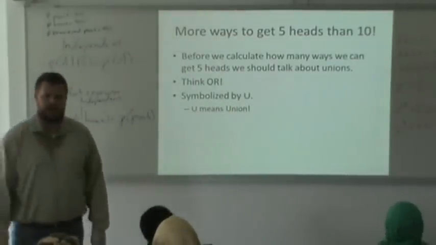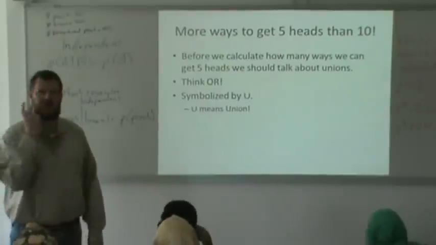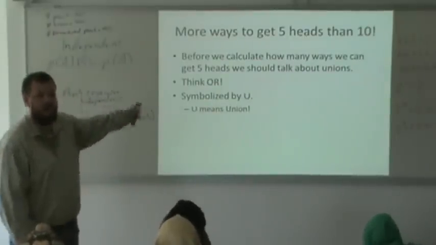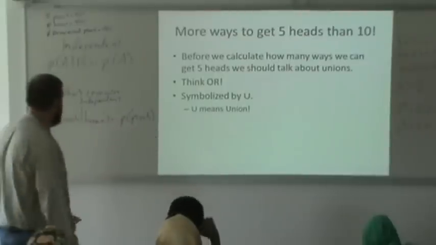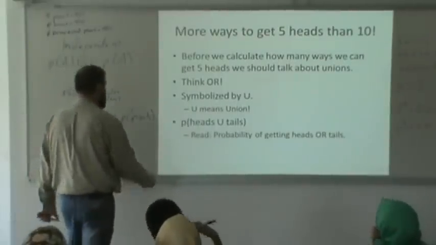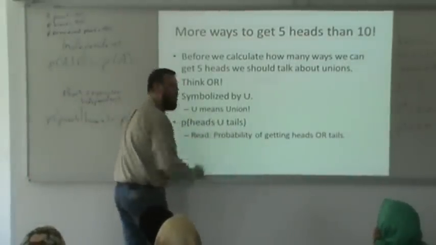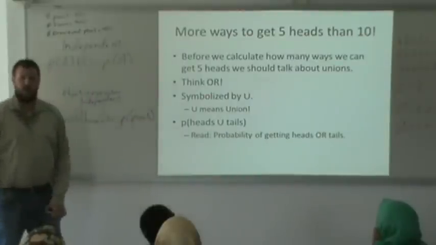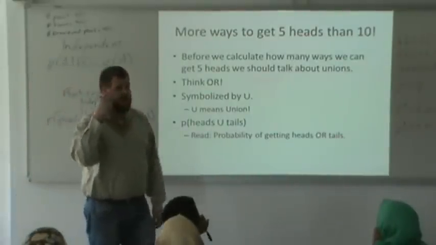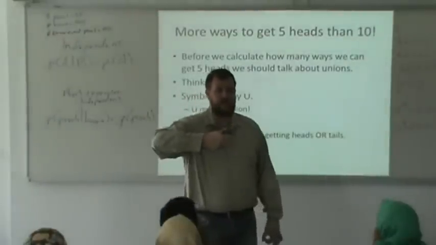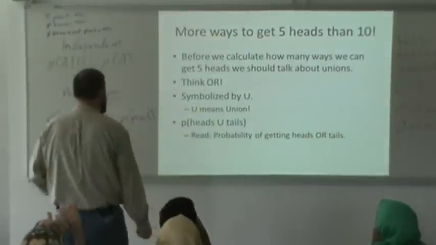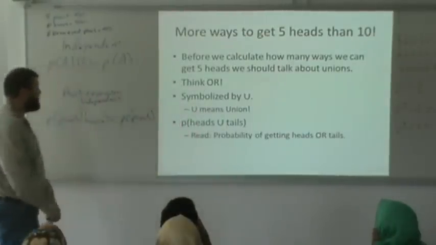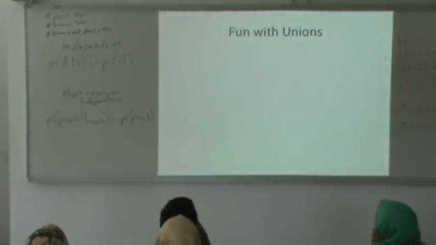When you had an intersection, you had an in and and, you should think and. I don't know how you're going to remember the or, but it's not an in, so don't think and. Think or. So the probability of a heads or tails is 1, right? The probability of heads and tails is 0. Right? For 1 flip. So the probability of getting a heads or a tails in 1 flip.